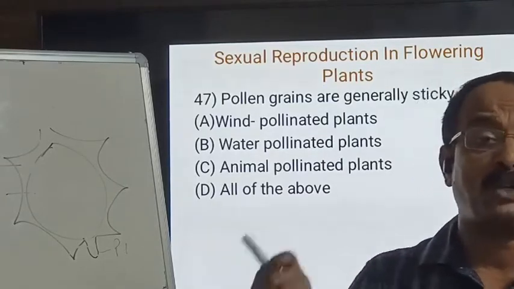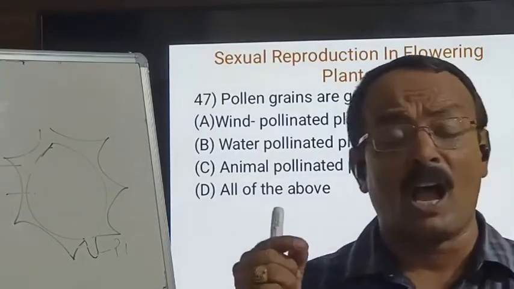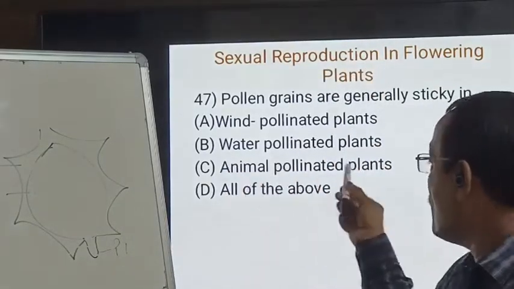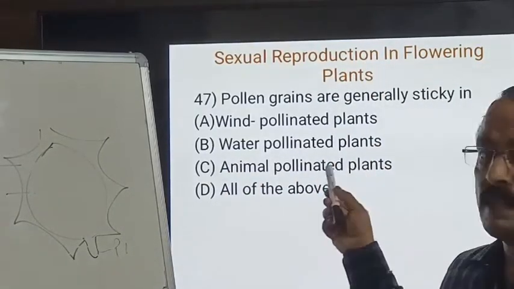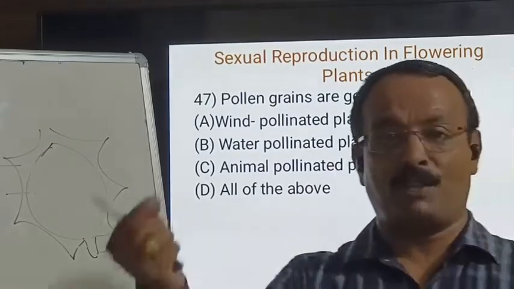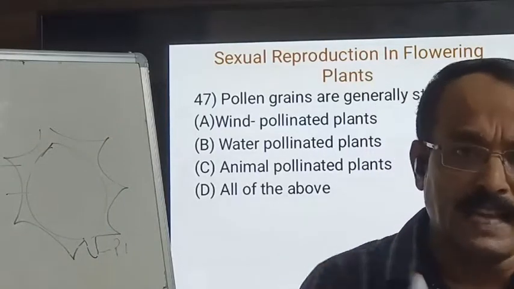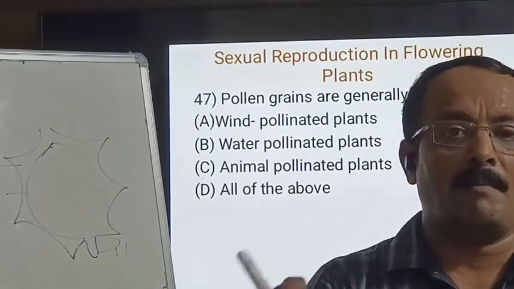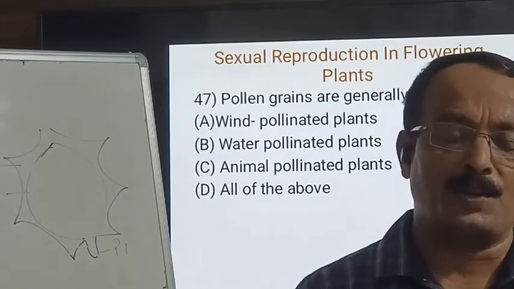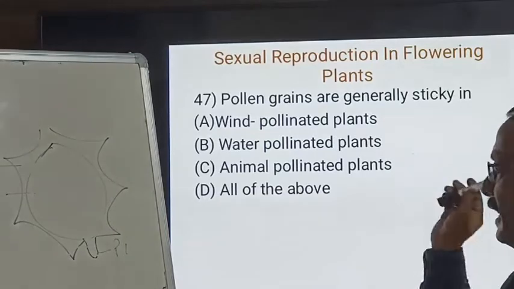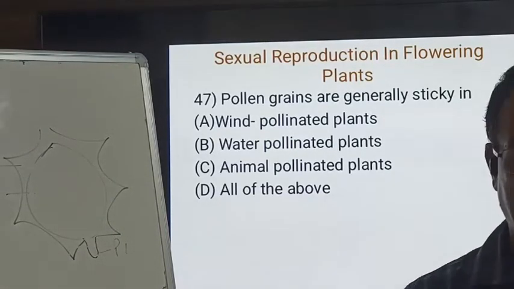They are coated by specialized cell wall material which prevents these pollen grains from wetting. In animal pollinated plants, the pollen grains are sticky because they have to stick to the body of the visiting animal. When this insect or animal visits another flower, these pollen grains may get lodged on the stigma, achieving pollination. So the option is C, animal pollinated plants. Next one.